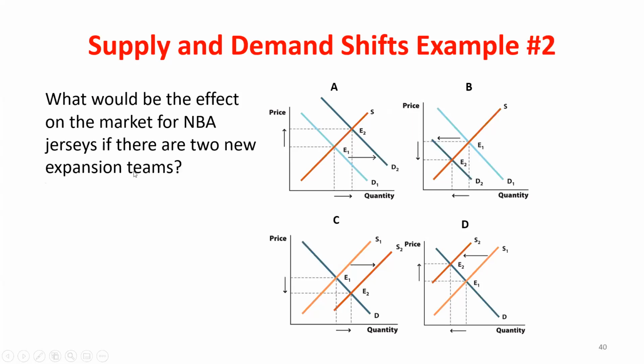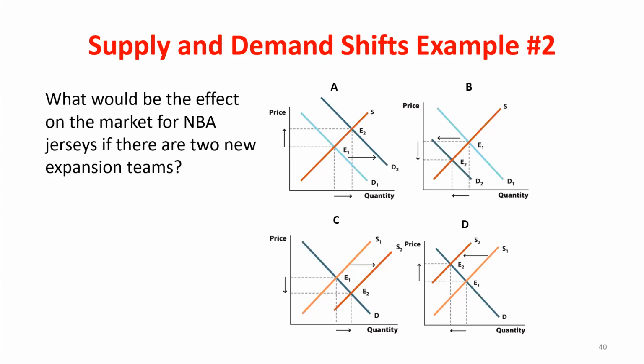Should be pretty easy. What if we see two new expansion teams? This is something that throughout the semester we might play around with a little bit more. I always like to use relevant examples that are occurring, and the NBA is actually right now thinking about adding some expansion teams, entering some new cities. So if there are two new expansion teams, what's that going to impact?